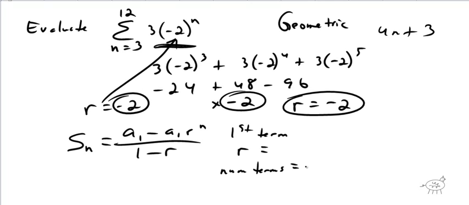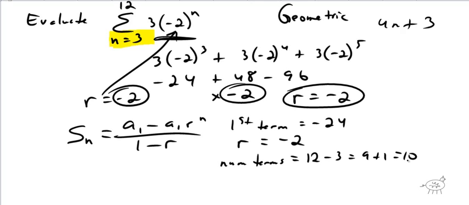Obviously the first term, you're plugging in that 3 again, the first number into the equation, and we already did that. That's the negative 24. R, we already said that's negative 2. And the number of terms, it's again 12 minus 3 equals 9 plus 1 is 10.